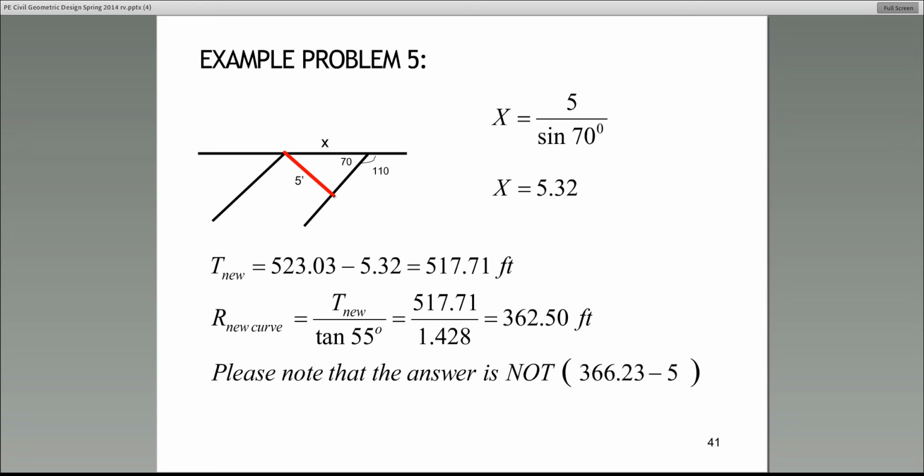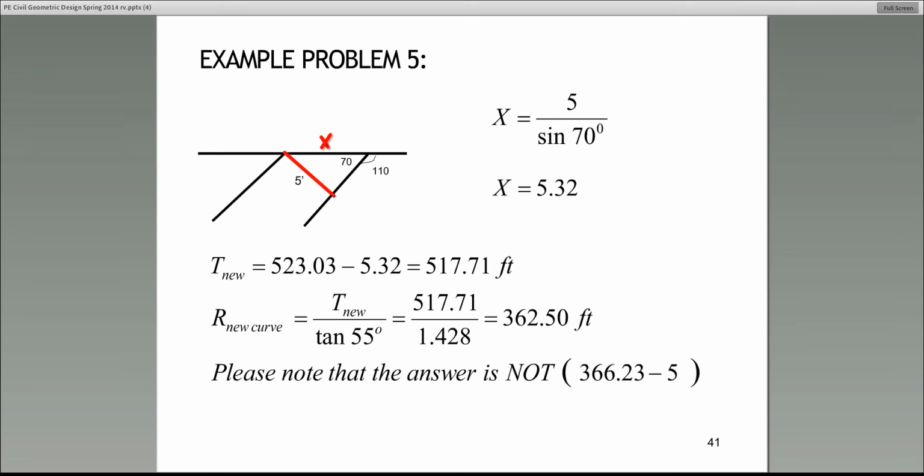What you need to calculate in all the problems like this is that distance we call x. A common mistake, as I said, everybody thinks that x is the 5 feet, but it ain't. The 5 feet is the vertical distance between the two lines. But what you need to do is find the value of x.